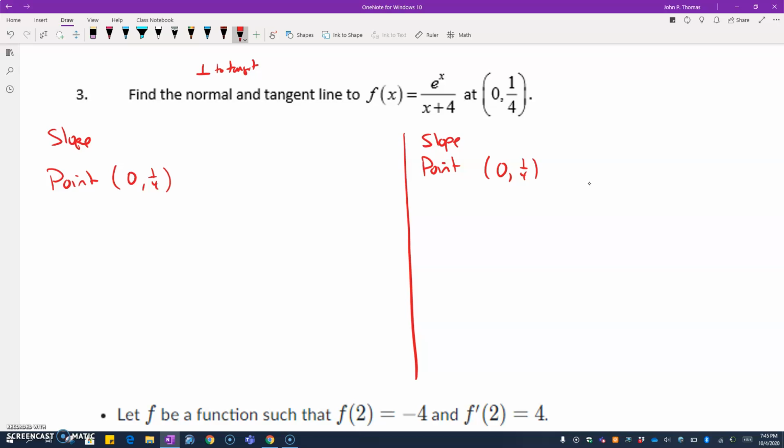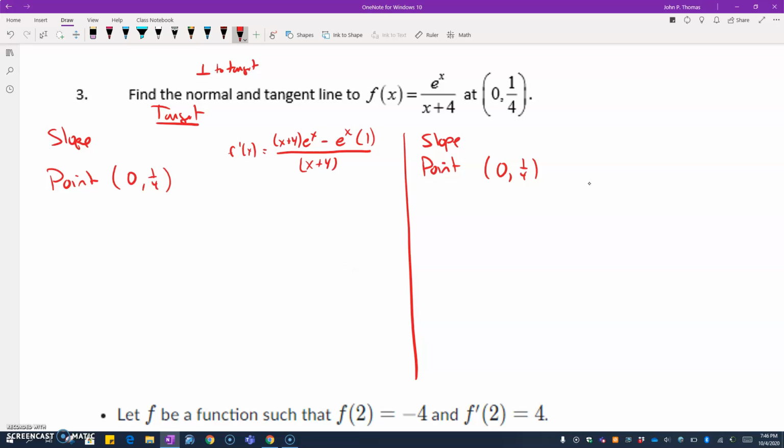So we're going to start out and we're going to find the slope, and we're going to start with the tangent line since that's the one that's routine for us at this point. And we're going to find the derivative. So f prime of x equals low x plus 4, d high e to the x, minus high e to the x, d low, which is 1, all over low squared, so x plus 4 squared.